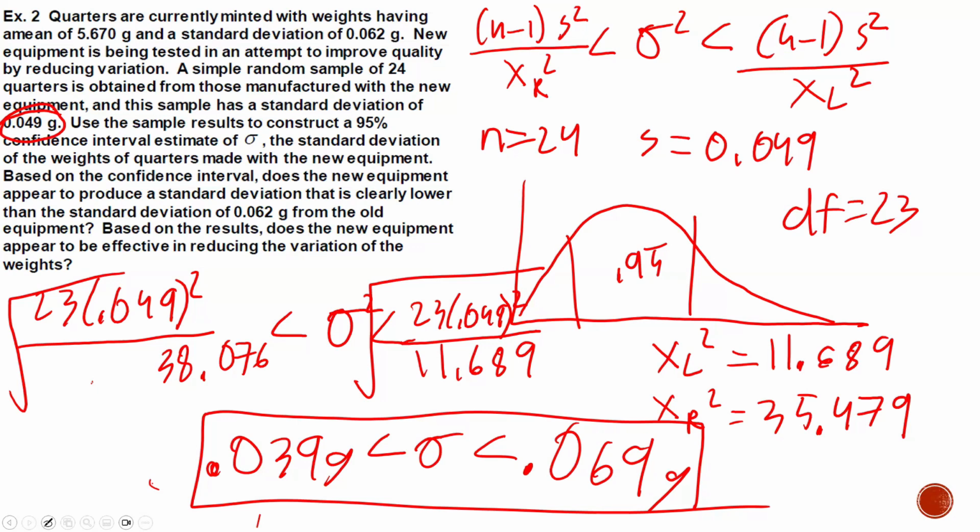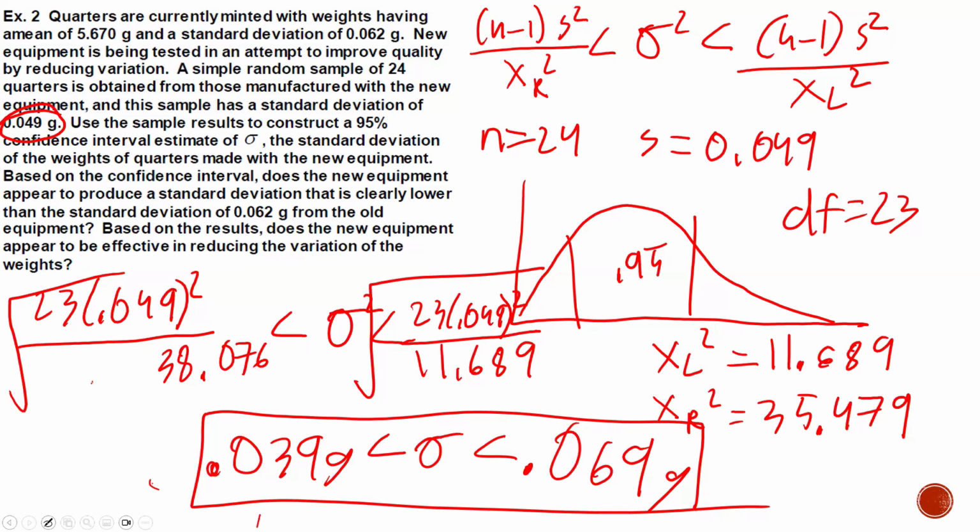Now, we did with our sample, but at 95% confidence interval, we're from 0.039 to 0.69. What do you notice about our original standard deviation with relationship to this interval? Well, isn't it inside? Is this original standard deviation inside of our confidence interval? Yes. So is there a possibility that our new standard deviation is above 0.062?